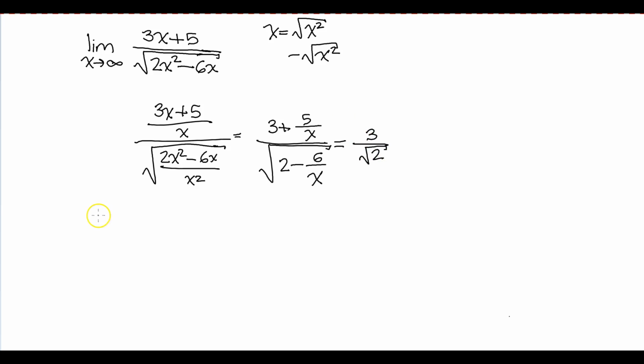Okay, so let's evaluate the same limit as x approaches negative infinity: 3x plus 5 over square root of 2x squared minus 6x. As x approaches negative infinity, x will start to become negative.